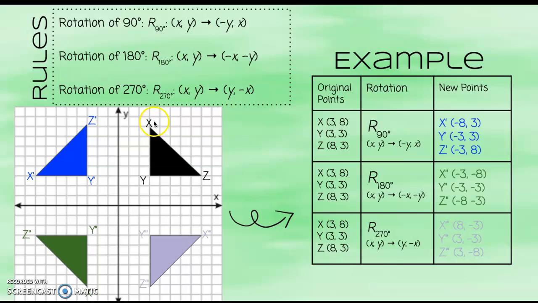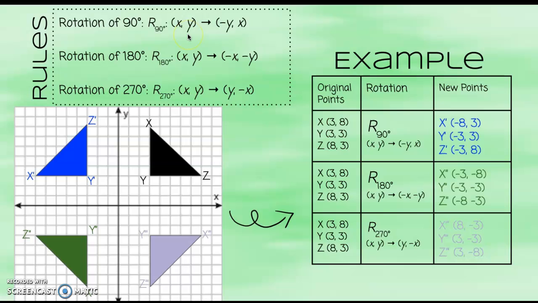Notice how x is up here, and my x coordinate is 3, 8. Now I'm going to rotate 90 degrees, and my coordinates of x prime are now at negative 8, 3. So notice that it went from 3, 8 to negative 8, 3.